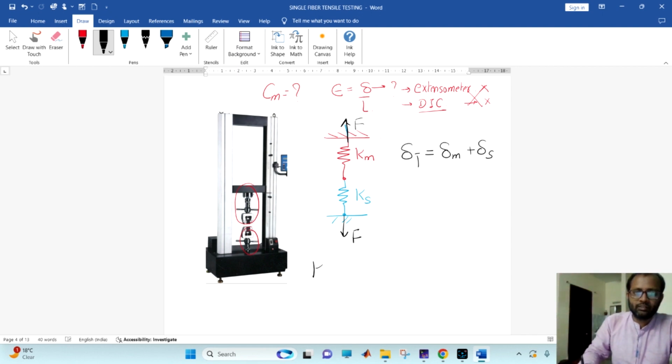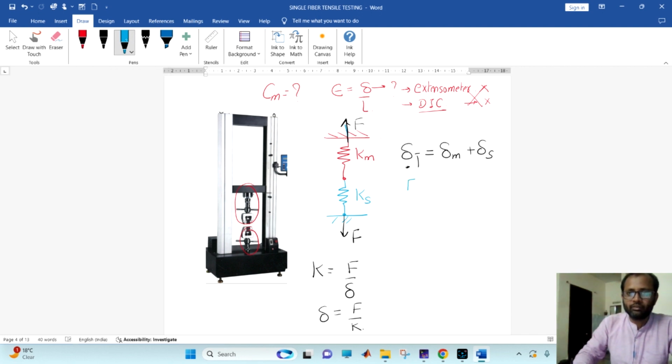We know the stiffness is equal to force by displacement. So we can write delta is equal to F by K. So we can write F, the total force, divided by Kt, the total stiffness, equals F of the machine divided by the stiffness of the machine plus F of the specimen divided by the stiffness of the specimen.